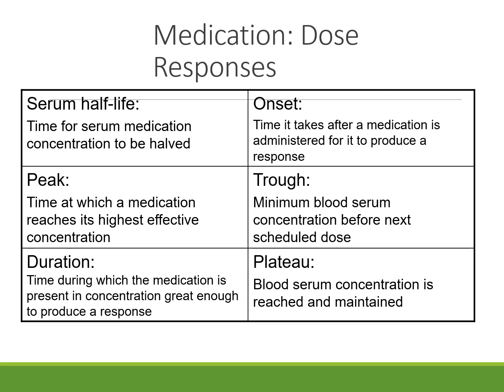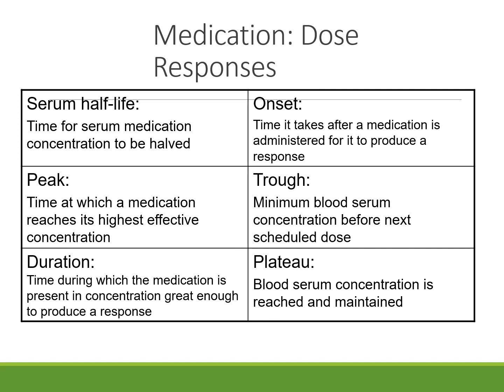Now, the faster the onset, that means the medication is needed badly by the patient. So there are medications that have a rapid onset, and there are medications that have an intermediate onset, or this medication is under maintenance. The patient does not need the effect of the medication right away.